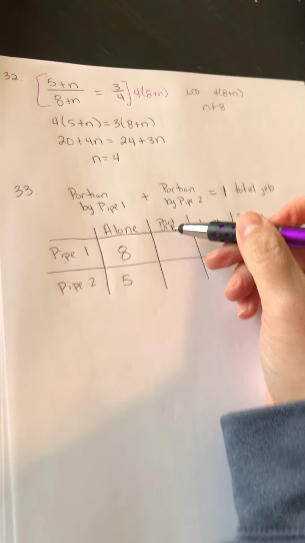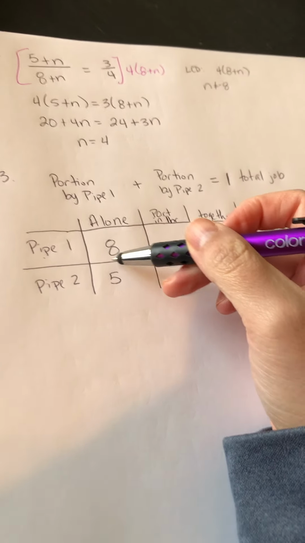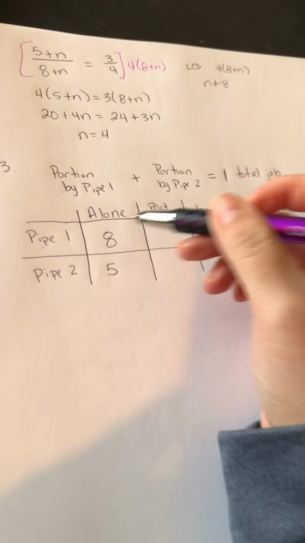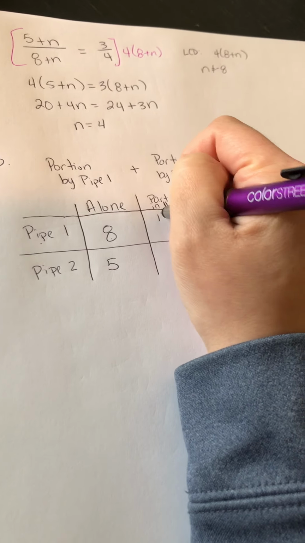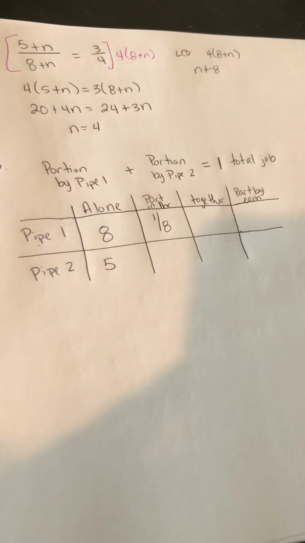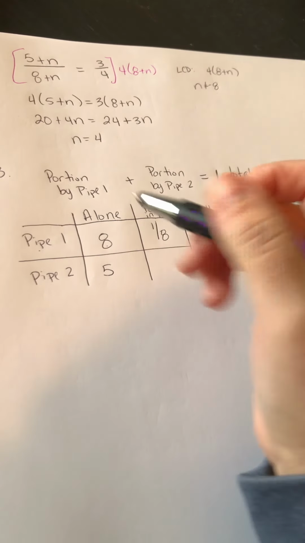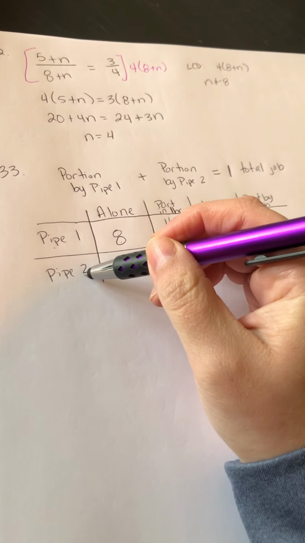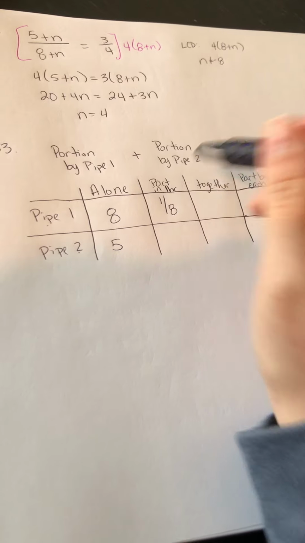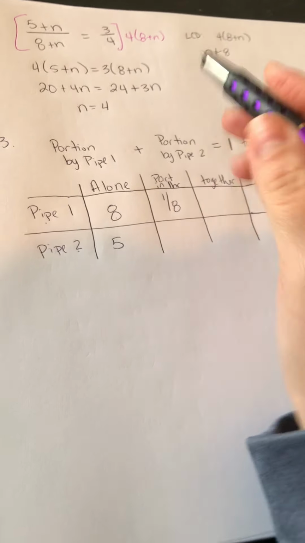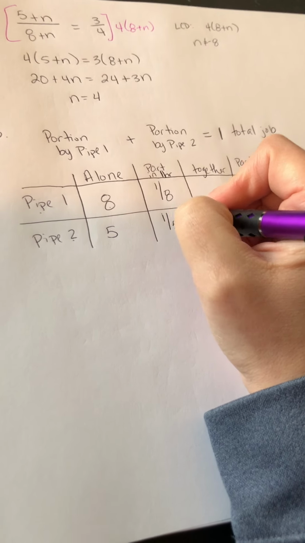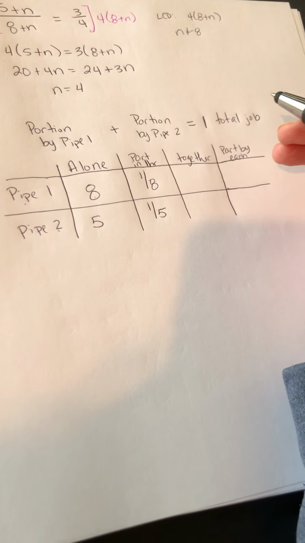So in 1 hour, pump 1 gets 1/8 of it done, and pump 2 gets 1/5 of the work done.